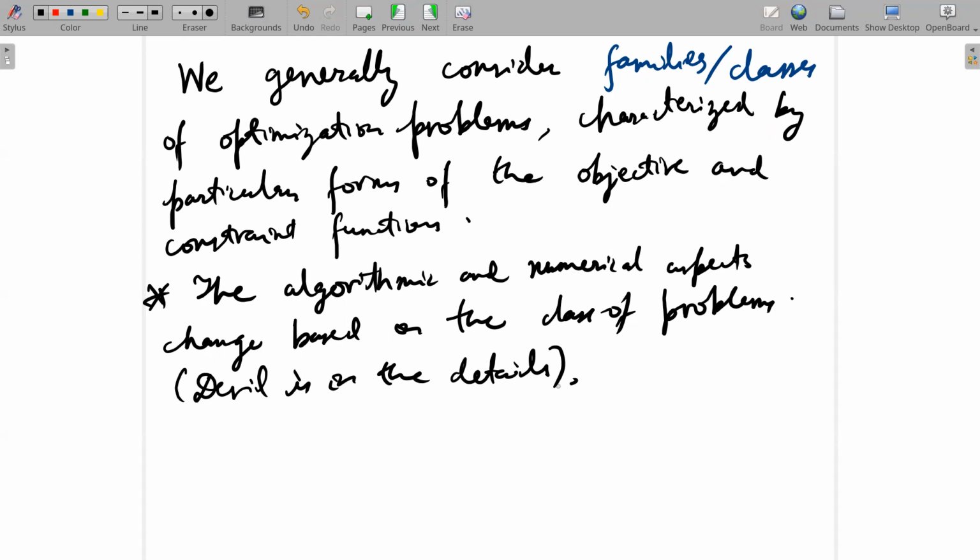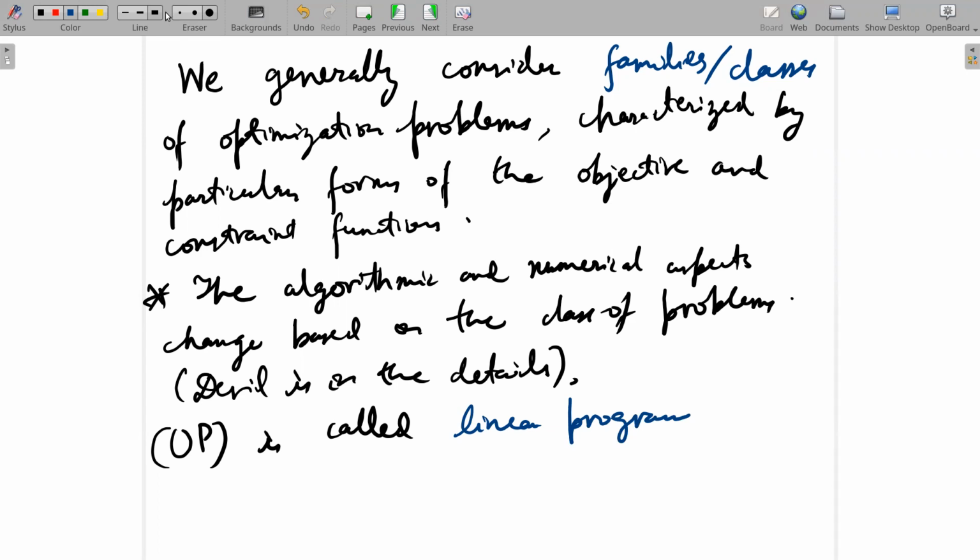Okay, so the optimization problem is called a linear program if both objective and constraint functions are linear. So that's a family. They're characterized by linearity.